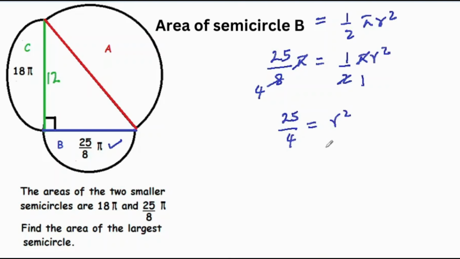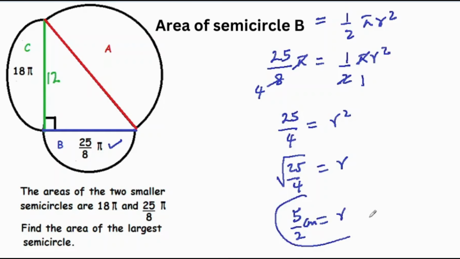So find square root of both sides of the equation. So that's going to be square root of 25 divided by 4 is equals to r. So the square root of 25 is 5 and the square root of 4 is 2. So the radius for semicircle B is actually 5 divided by 2 centimeters.